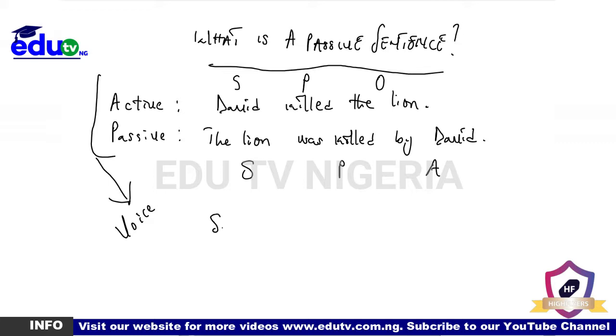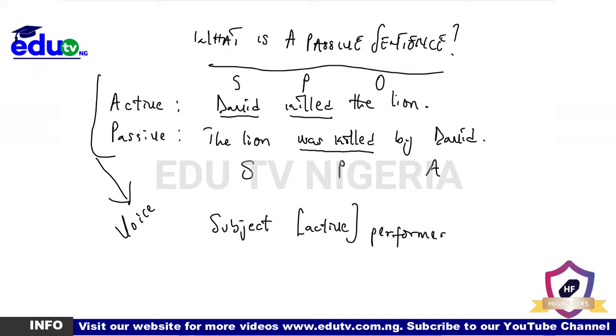Now, the subject of the active sentence is usually the performer of the action denoted by the verb. So what is the action denoted by the verb here? We have killed. The action was killed here too. So the subject of the active sentence is usually the one performing the action.